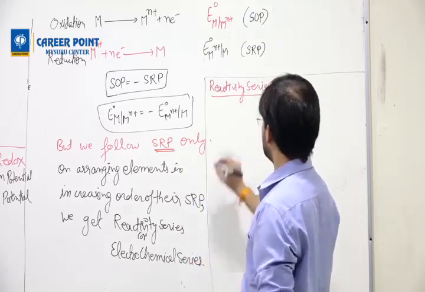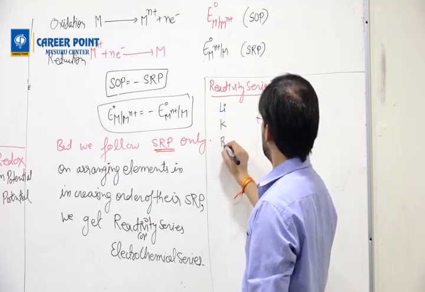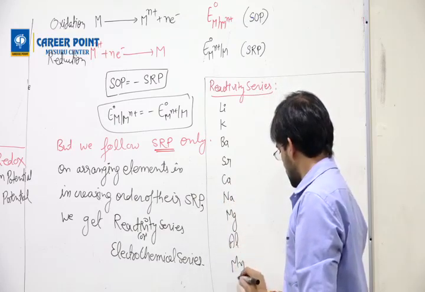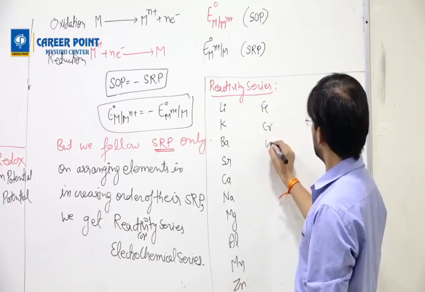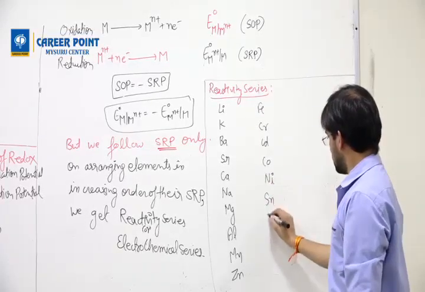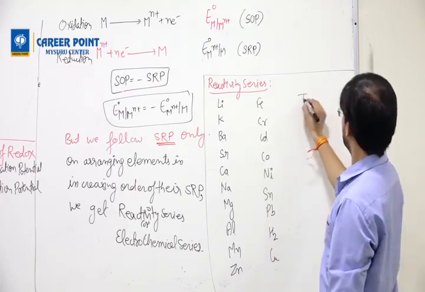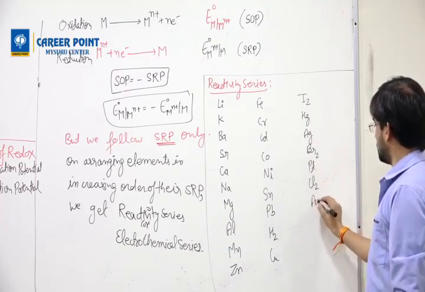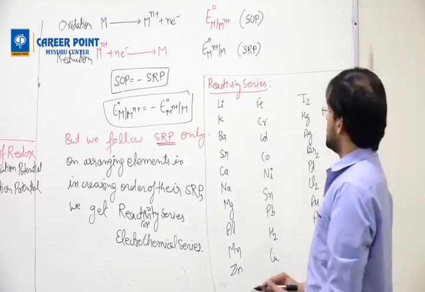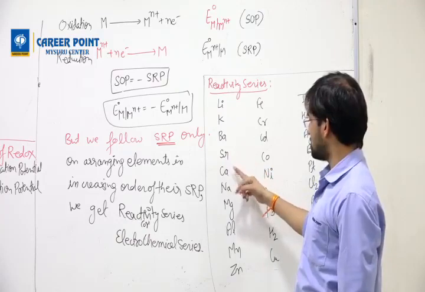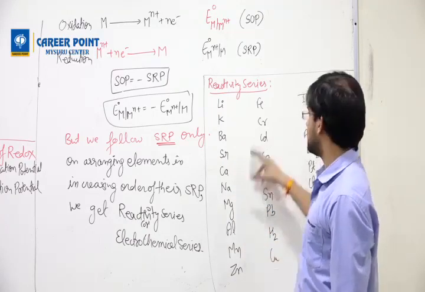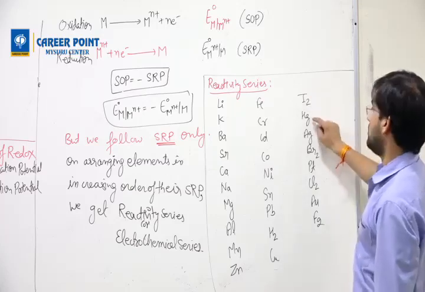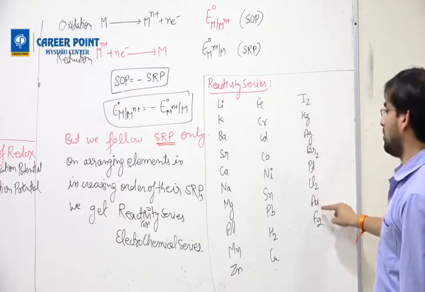The reactivity series goes like this: lithium, potassium, barium, strontium, calcium, sodium, magnesium, aluminium, manganese, zinc, iron, chromium, cadmium, cobalt, nickel, tin, lead, hydrogen gas, copper, iodine, mercury, silver, bromine, platinum, chlorine, gold, fluorine.